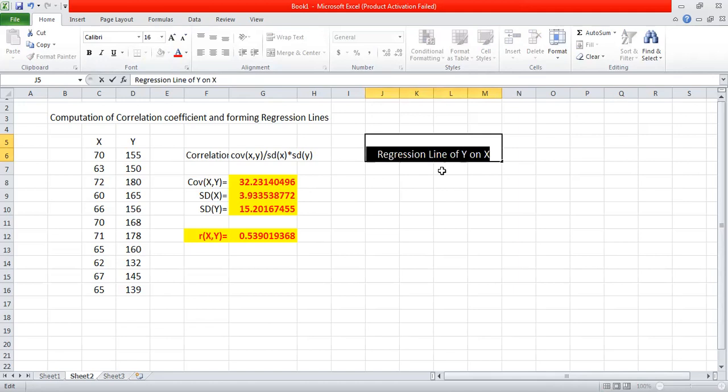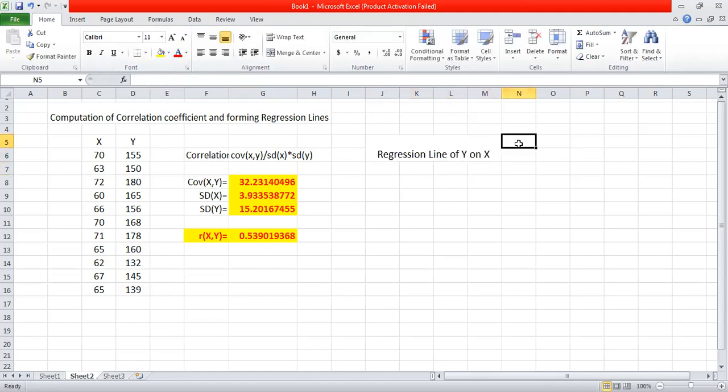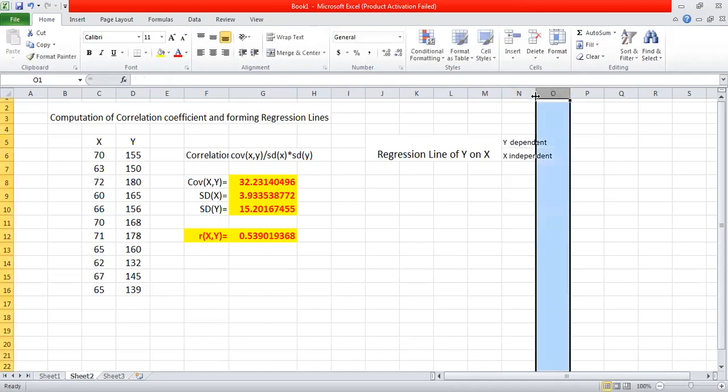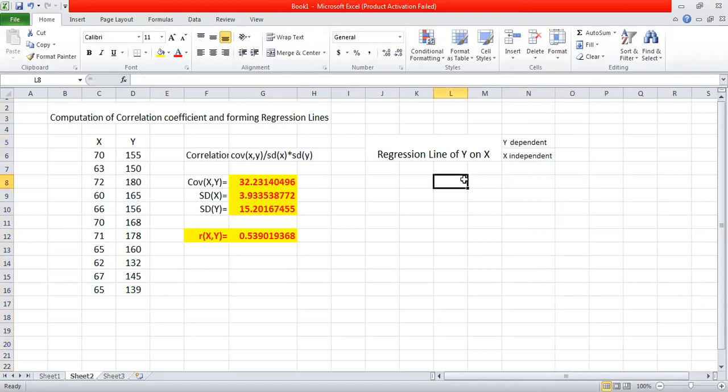Y is the dependent variable, whereas x is the independent variable. So y on x means y value is dependent and x value is independent. Remember this: whenever you consider the regression line of y on x, y value is dependent and x value is independent.